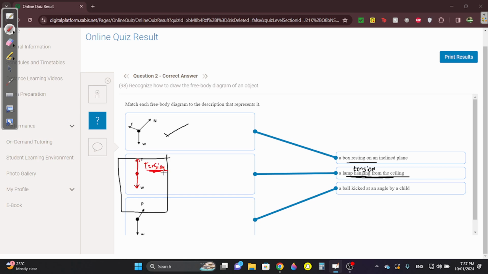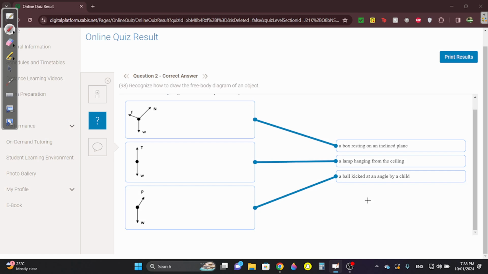So whenever a rope is hanging something, the reaction to the weight will be tension, not the normal force. Normal force is when it's at rest on a table or on an inclined plane. That's the difference.